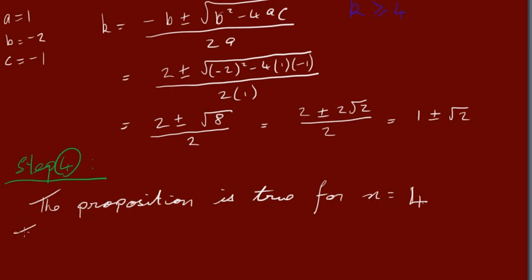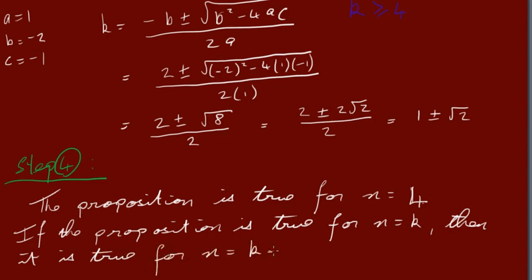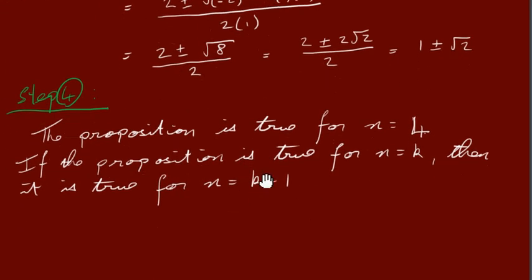We've shown that if the proposition is true for n is equal to k, then it is true for n is equal to k plus 1. So this is what we've proven in step 3.